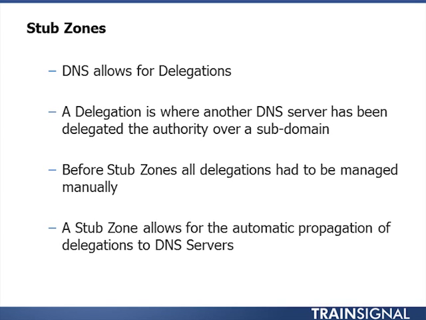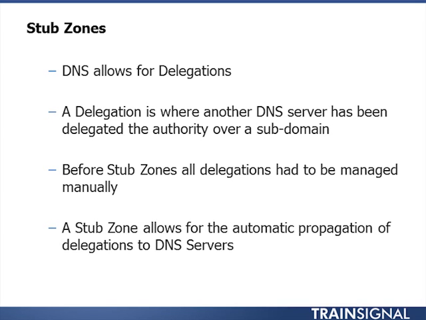So the example I would give you is, if I'm a DNS server for globalmantics.com, I have a subdomain of na.globalmantics.com. I may have a delegation that points to the DNS server that's going to be authoritative for that subdomain, na.globalmantics.com. But the problem is, before we had stub zones, this all had to be managed manually.